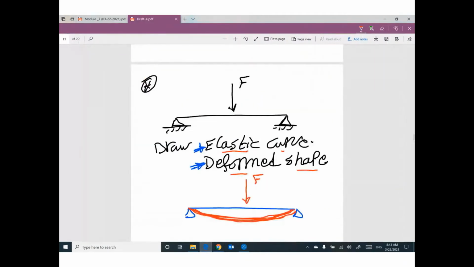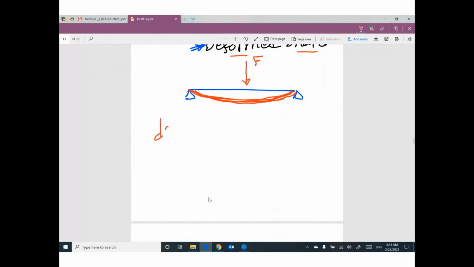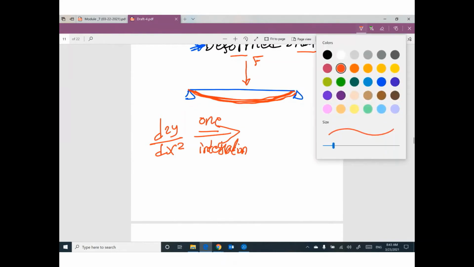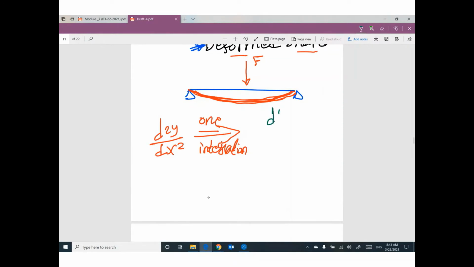So, second derivative of y related to x means if you do one integration, what you will get? I believe I will get the first derivative of y related to x. If you do another integration, one more integration, I will get what?